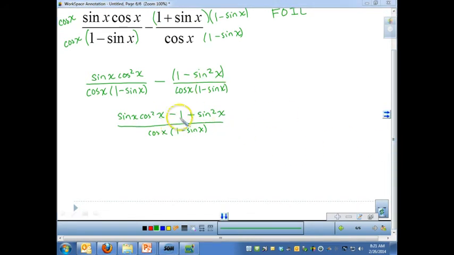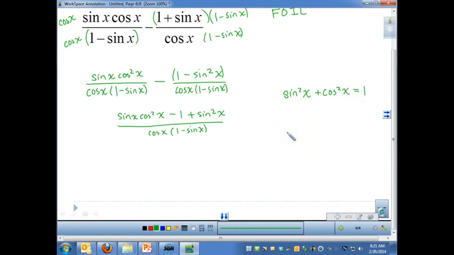So just take a moment, take a look at what we have here. We have a minus 1, I've got a sine cosine x. So what can we do with this? I'm thinking something to do with the Pythagorean identity, so I'm just going to write it over here. Sine squared of x plus cosine squared of x is equal to 1.